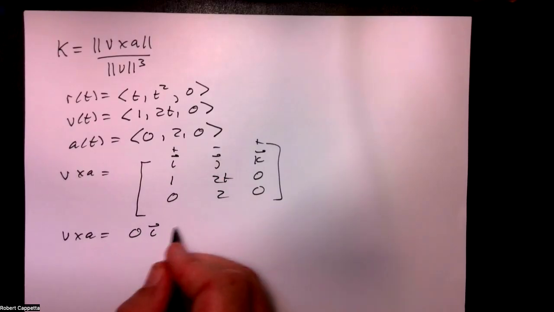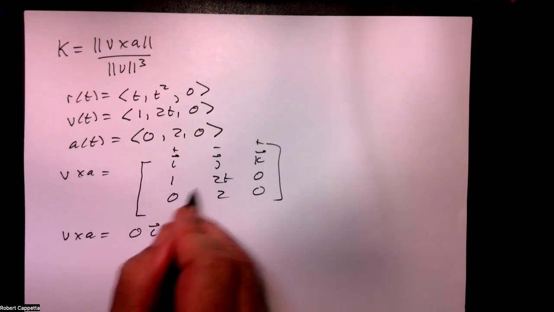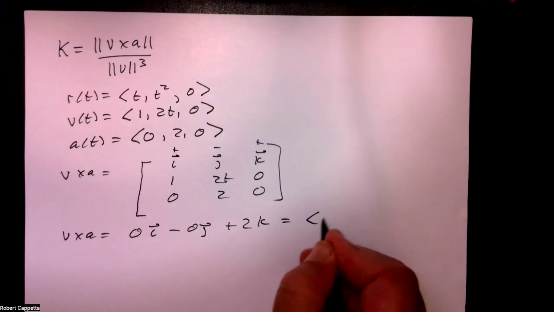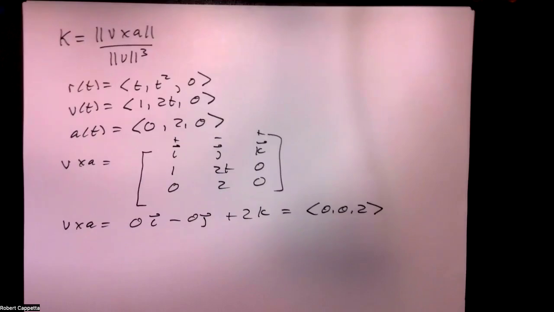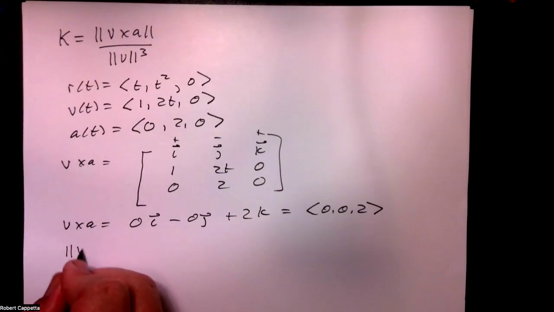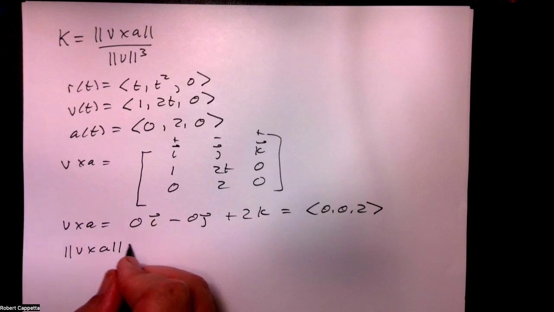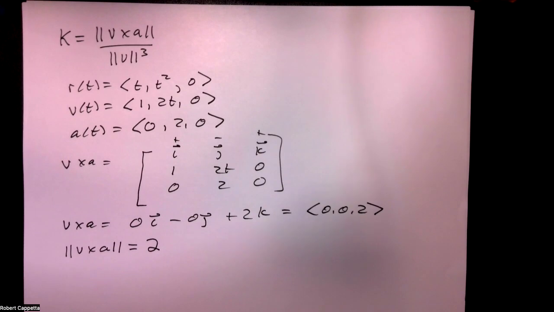In the j direction, 0 minus 0. In the k direction, 2. So v cross a is 0, 0, 2. No need to work on that very hard. So the magnitude of v cross a is 2. If you like, 0 squared plus 0 squared plus 2 squared is 4, square root of 4 is 2. But maybe it's obvious the magnitude of v cross a is 2.